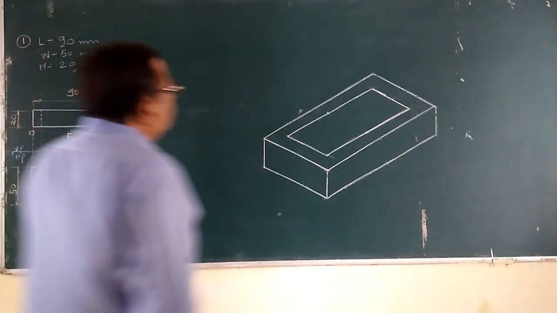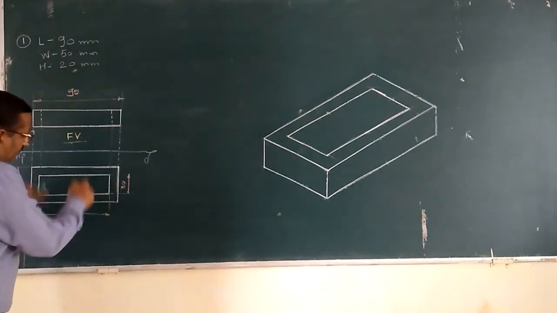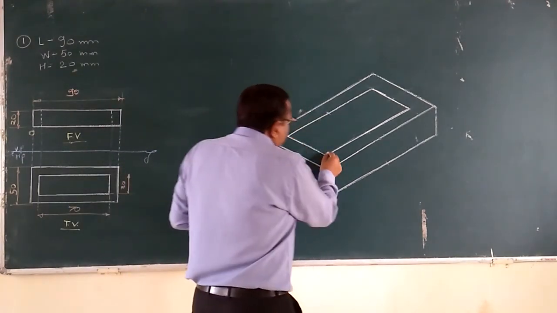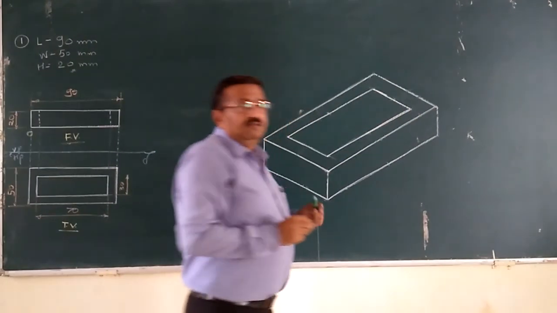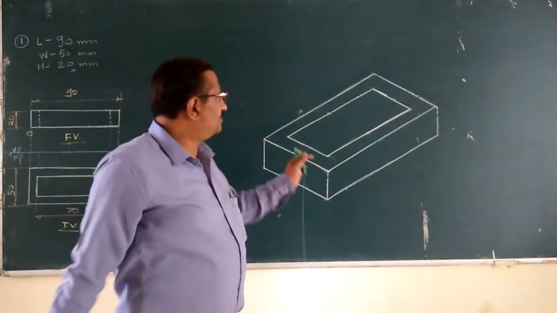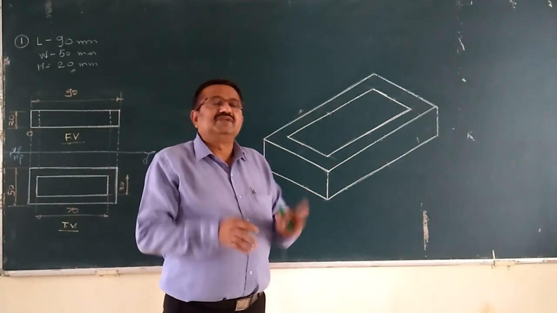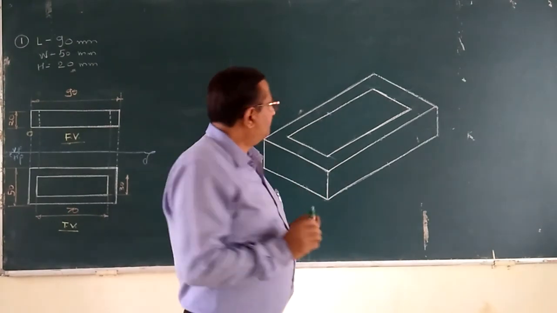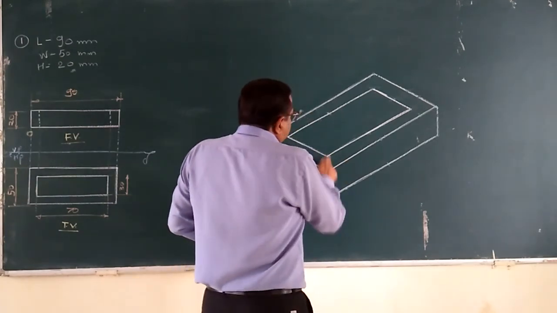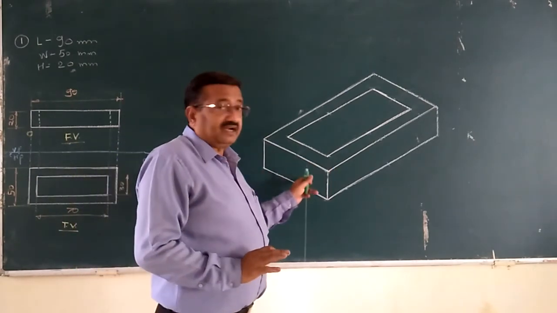Means what? After cutting, what will happen? 1, 2, 3, 4. Four corners will be created in the object. Means here one, here one, here one, and here one. But dotted lines are not shown at all in case of isometric view. So only visible corners, visible lines, visible slots should be shown in isometric projection. So accordingly, by that rule, these three corners which are created, we can't show by dotted line.